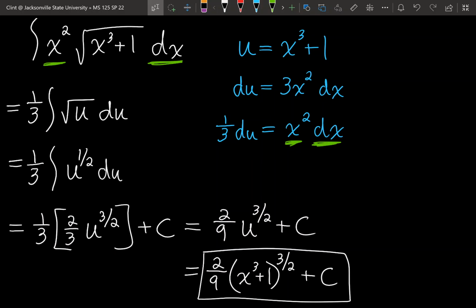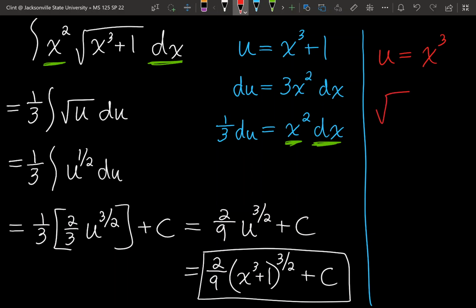Something that might be tempting, a u that would be at least a lot harder. I'm thinking it probably won't work. But let me do it in red. I think a bad choice for you would be just the x cubed part. Because then you would end up with u plus 1, and then we're still stuck.